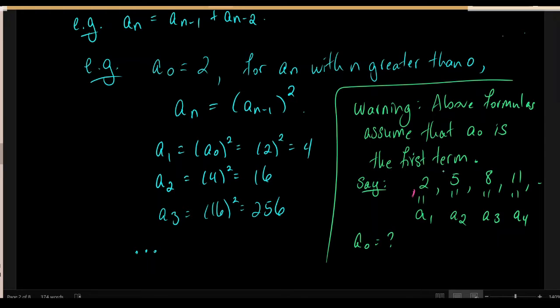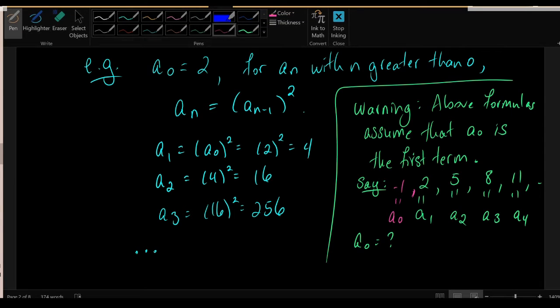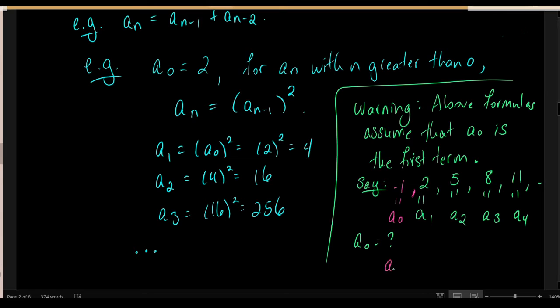In that case, I would have to subtract 3 to go one step backward to deduce that A naught is equal to minus 1. And from that, now that I know what A naught is, I can find a formula for this sequence. A sub n is equal to n times the common difference plus the A naught, which is minus 1. So be careful about that.